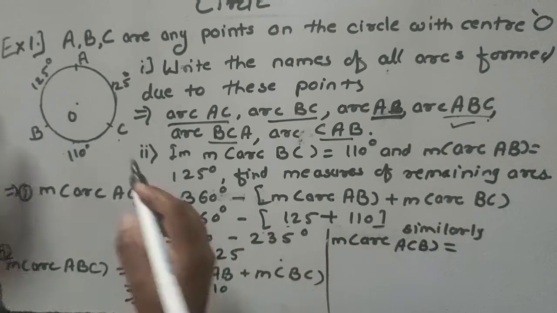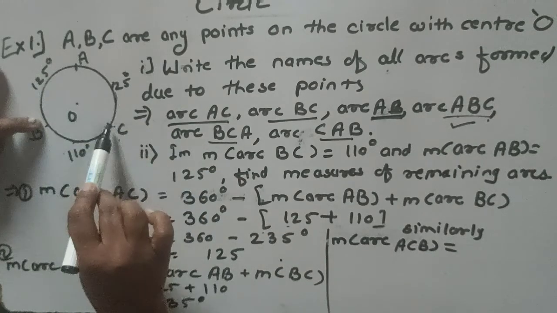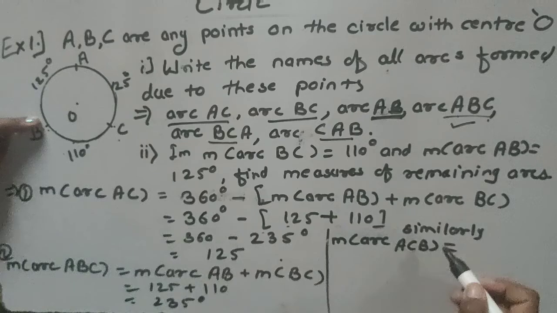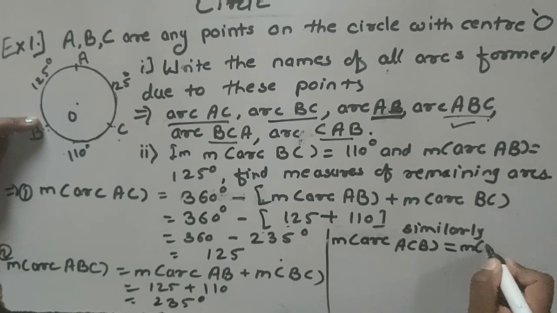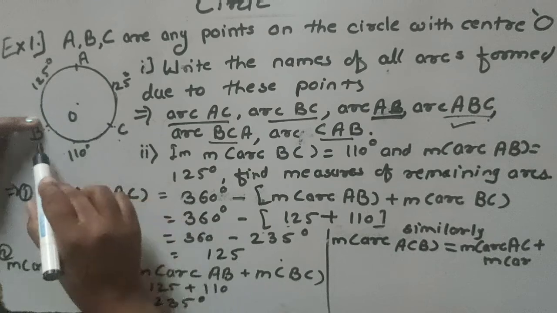ACB is equal to, just see, we have to add AC and BC, so measure of arc AC plus measure of arc BC.